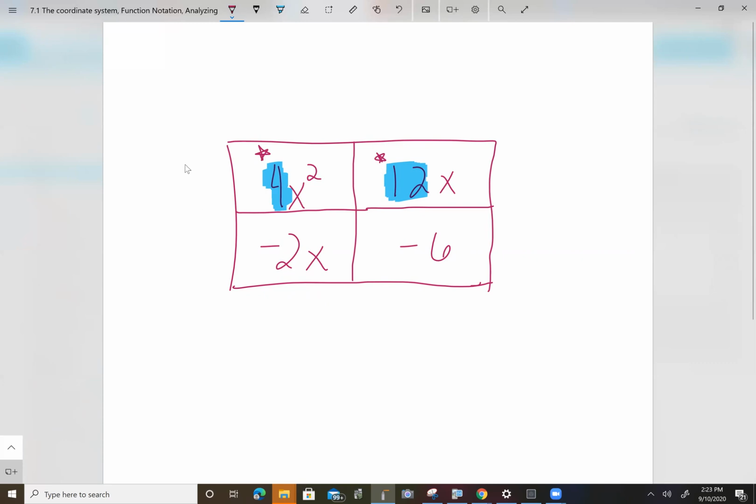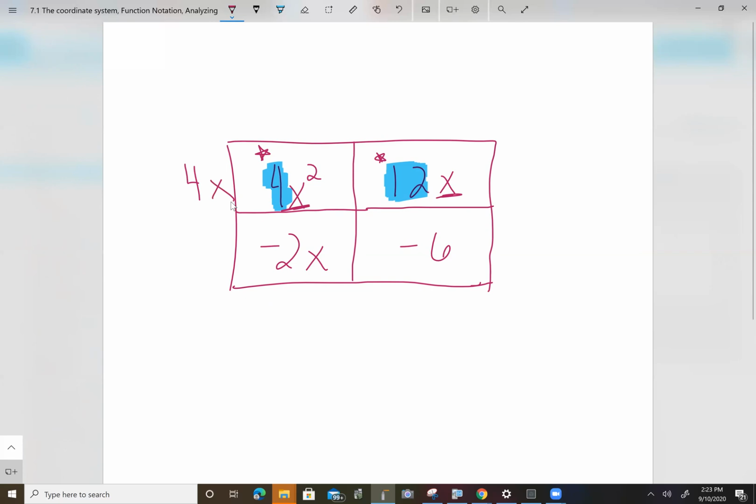So I'm going to take that number and put it on the outside, okay? You can always just guess and check, but this will always give you the right answer. Not only does 4 go into both of those, they also both have an x. So I'm going to put that on the outside also.